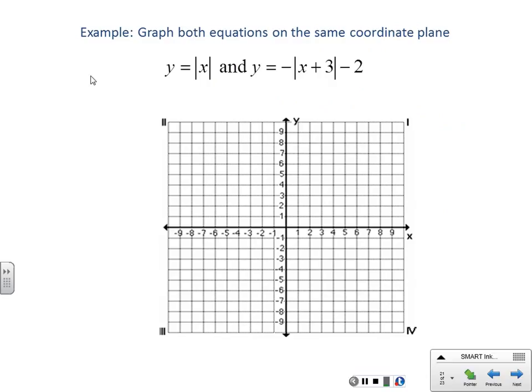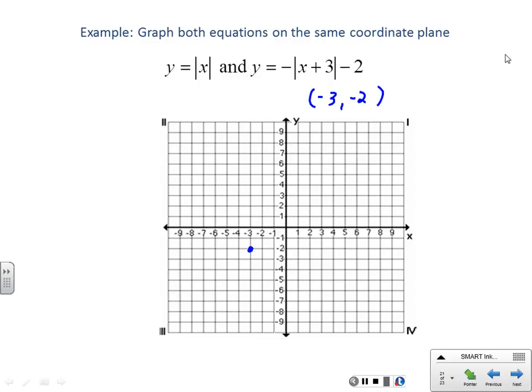What is this one? It is a V curve, but look right here. There's a negative in front. What does that tell me? That it's going to go down, because your normal curve, this one, goes up, right? So this one's going to go down. But we do have a shift. What is the shift? -3, -2.